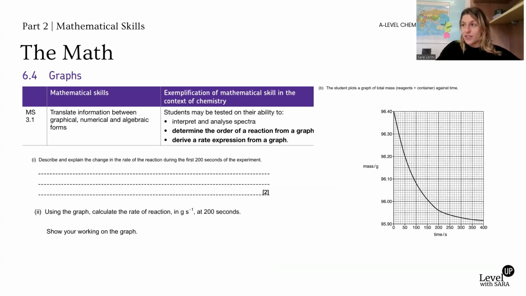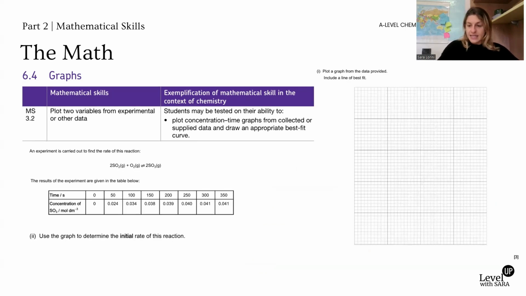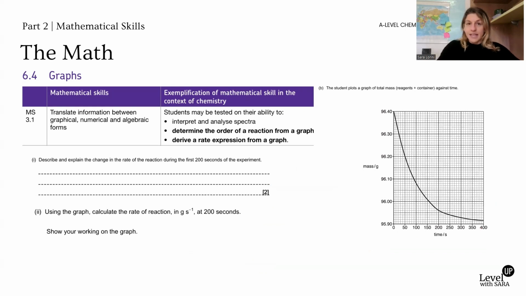Now, let's go with the next ones. Determine the order of a reaction from a graph and the rate expression from a graph. Here it's a little bit of revision from AS, because you need to remember that the rate is calculated as the change in concentration, or in this case, it's mass. So I'm going to write it as change in mass divided by the change in time.